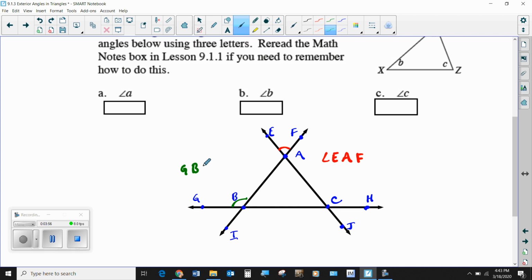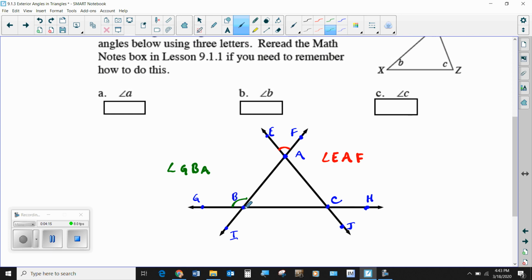I'm just going to choose A. And so this is angle GBA. So this is using the three-letter format for naming angles when you've got multiple angles coming out of the same point or the same vertex.